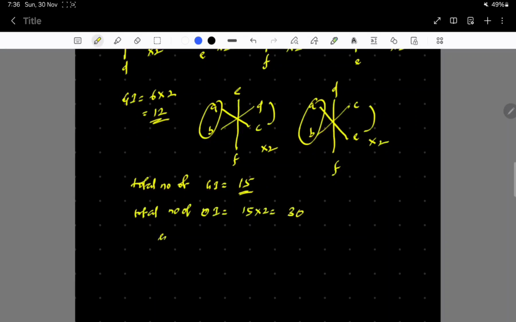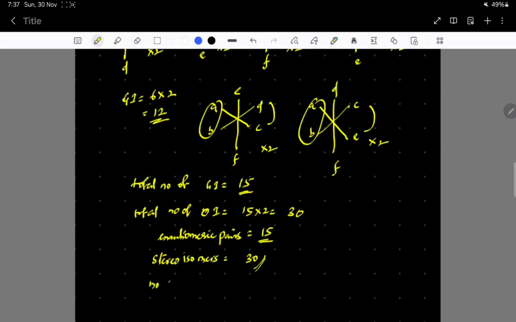Now, enantiomeric pairs: this is 15 only, because 15 pairs are possible, right? The total number of stereoisomers is 15 plus 15, that is 30, right?